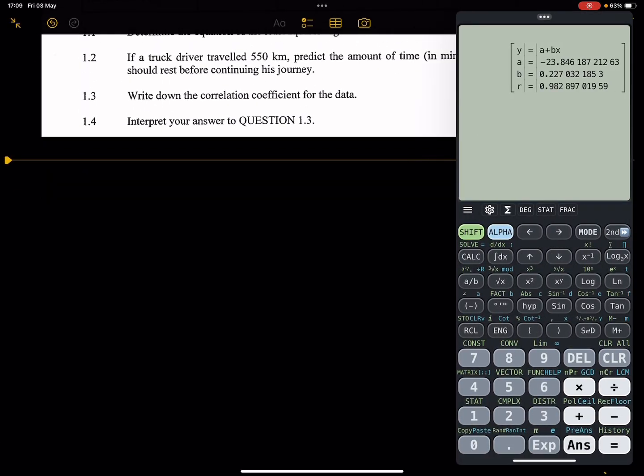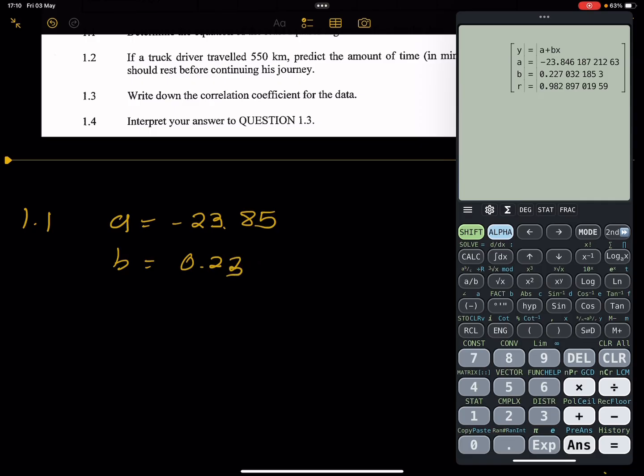So we know that for 1.1, we said our A value, let me write down the A value, that's negative 23.85, and my B value is 0.227. Let's just say 0.23.